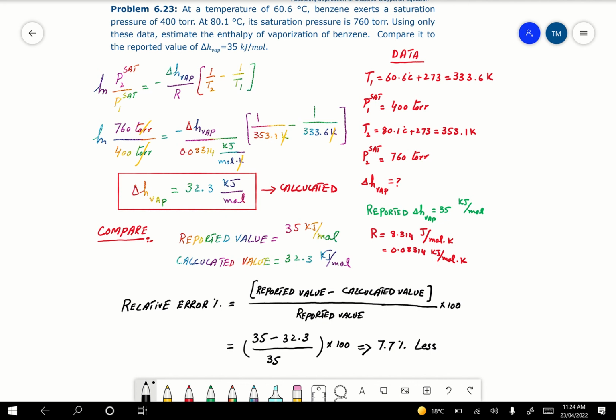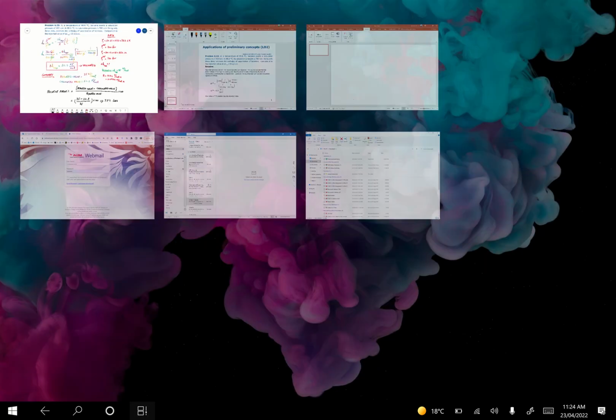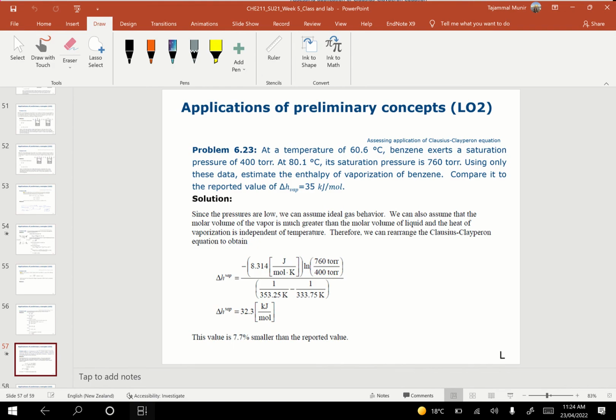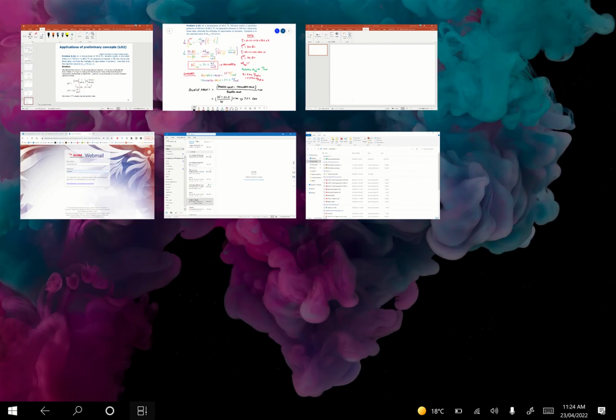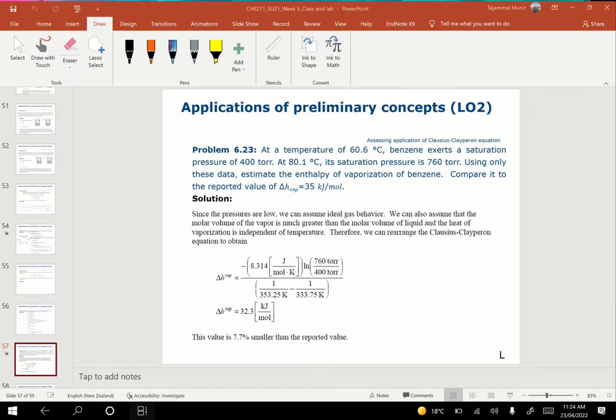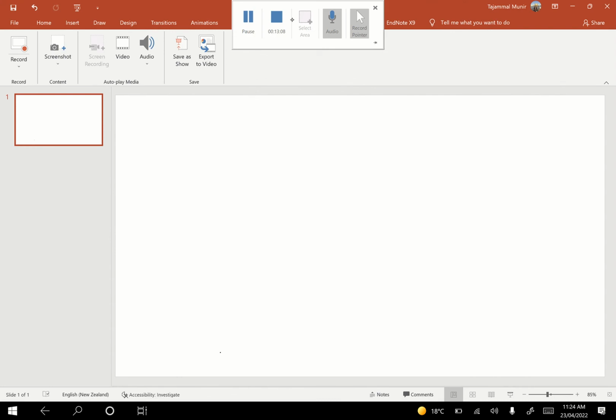So this is the overall solution for this question. I hope this question is clear to you guys. I think it's a simple equation.